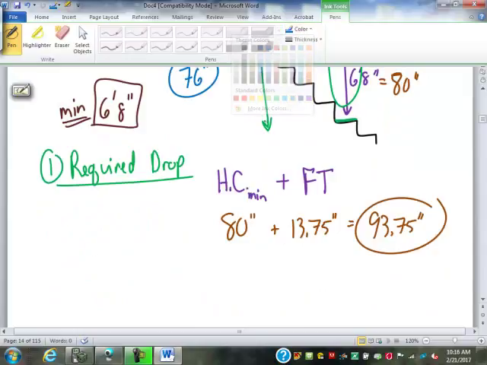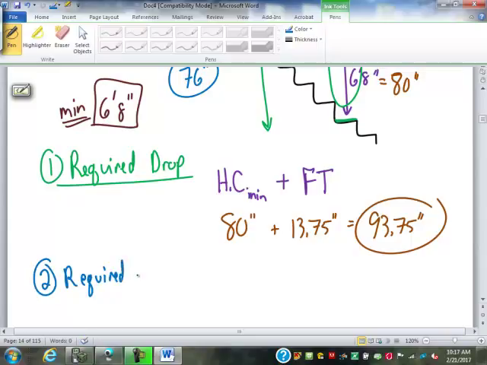Step 2. Required number of risers or unit rises.